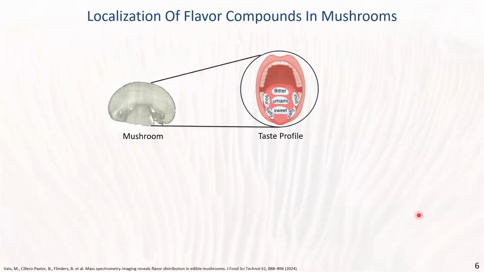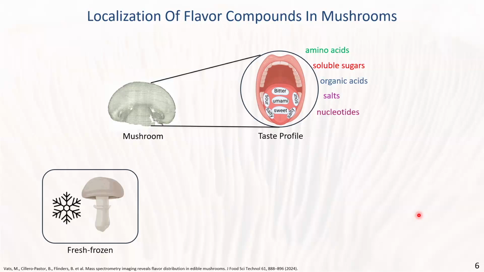Before that, a brief introduction about the taste compounds in mushroom. So we all enjoy mushrooms, and especially the umami flavors, but there are also other flavors like sweet, bitter, salt, and sour. And these are contributed by molecules such as amino acids, soluble sugars, organic acids, salts, and nucleotides.